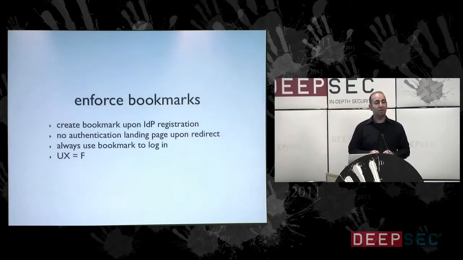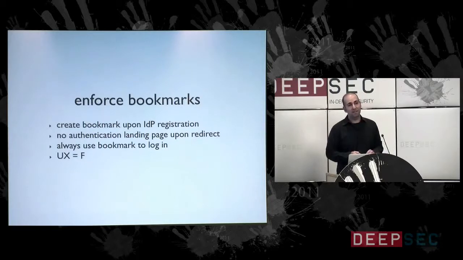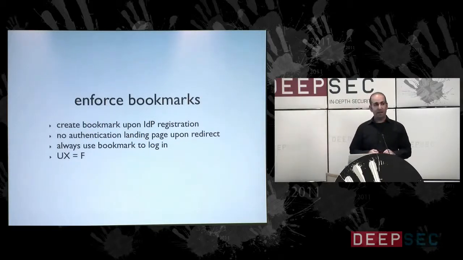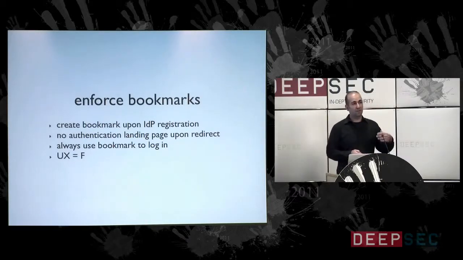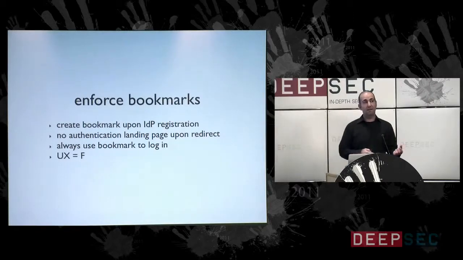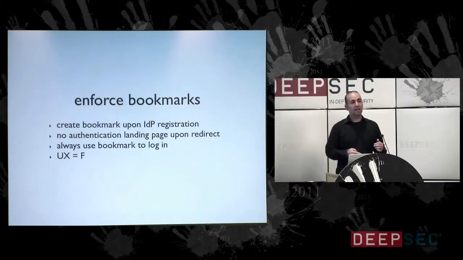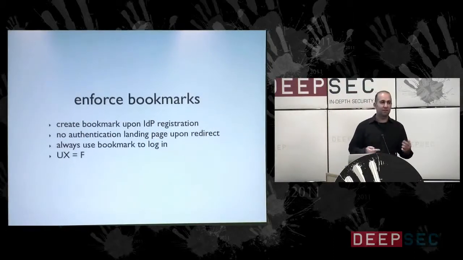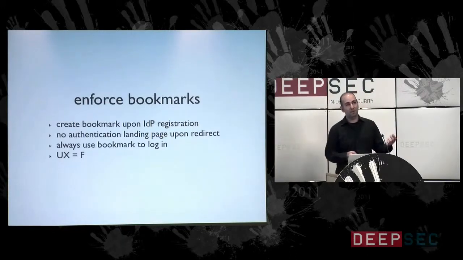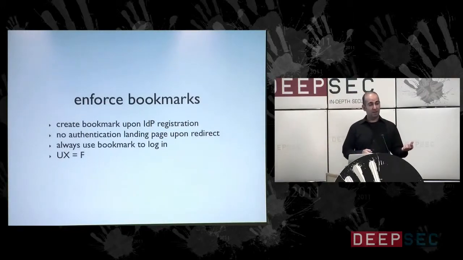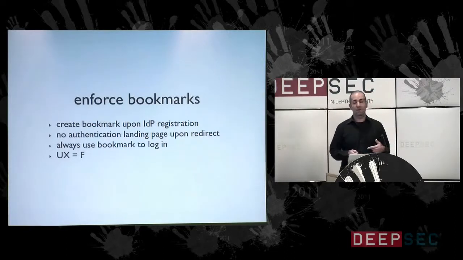I've seen solutions with OpenID providers or IDPs that instruct you to create a bookmark. So when you register with the OpenID provider, you go and create a bookmark, and you may get redirected to the IDP for the first time or even any other time, instead of providing you with an authentication endpoint and asking you to log in, it instructs you to go use that bookmark.